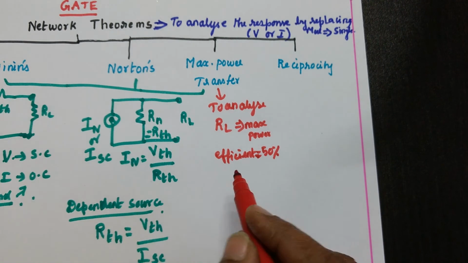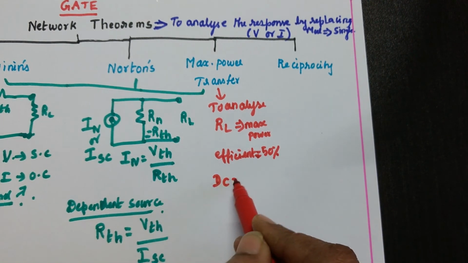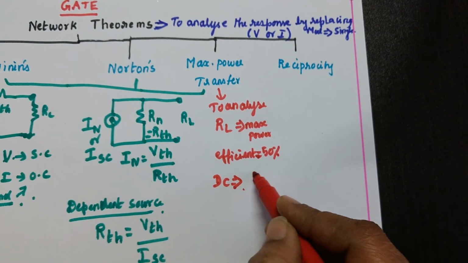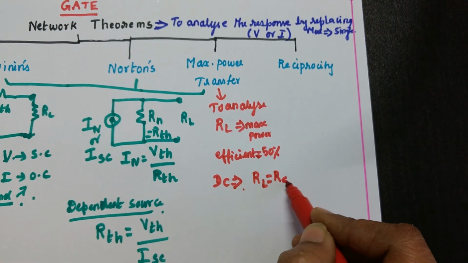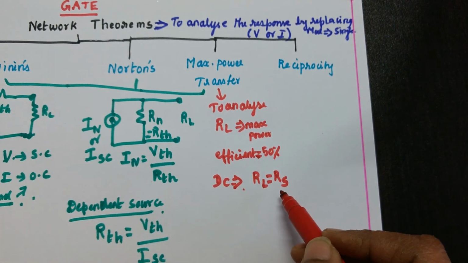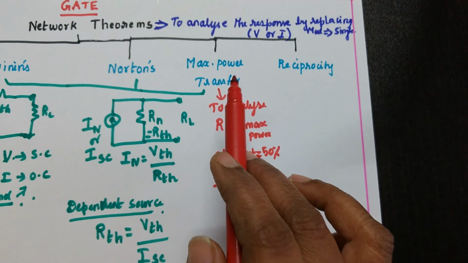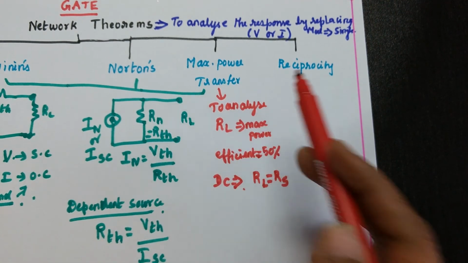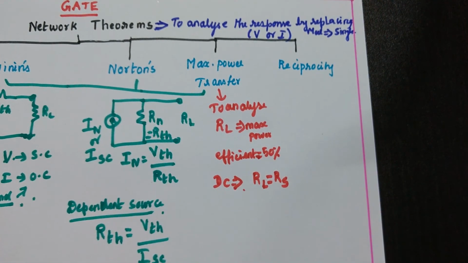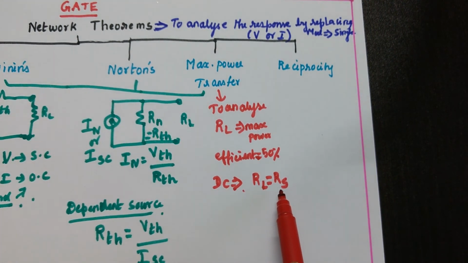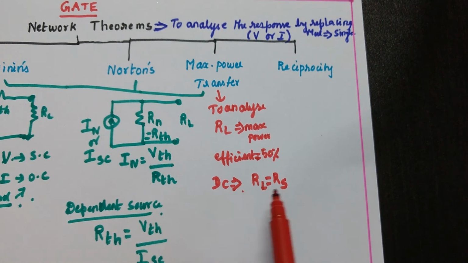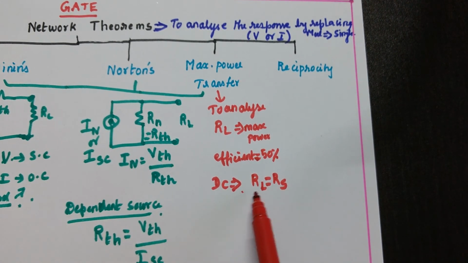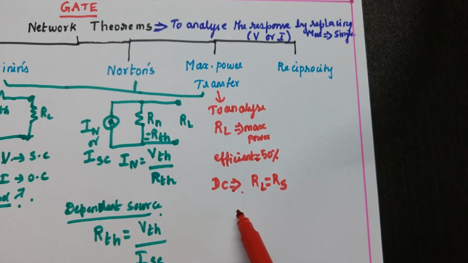For a DC network, RL should be equal to RS. RS is nothing but Thevenin's resistance. For applying the maximum power transfer theorem, we have to find the Thevenin's impedance, that is, the source impedance, other than the load terminals. RL should be equal to the source impedance. If the values are equal, it attains the maximum power in the DC network.